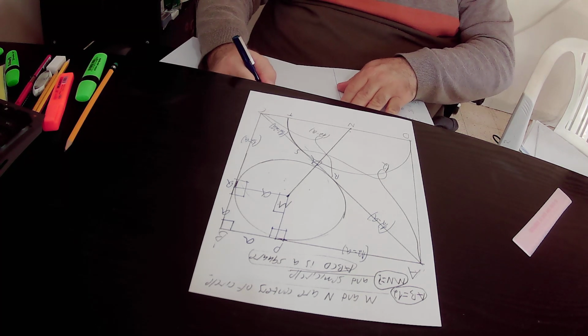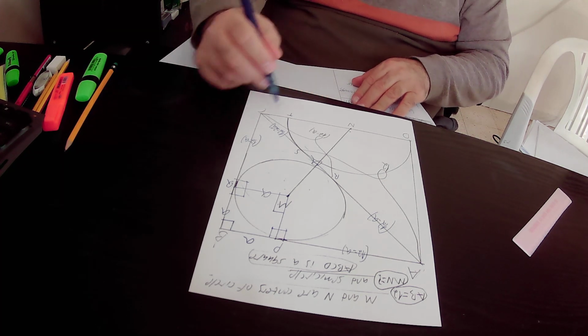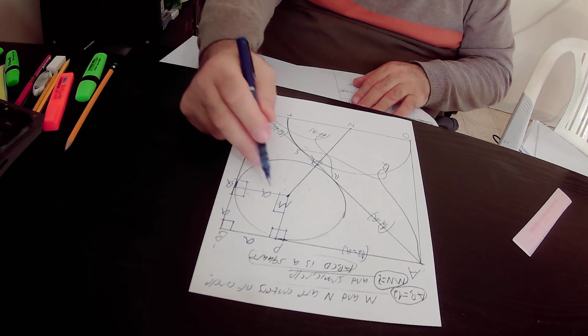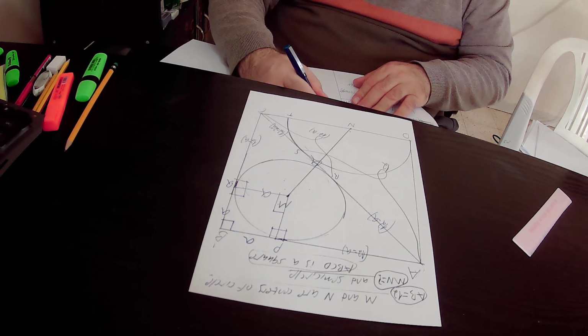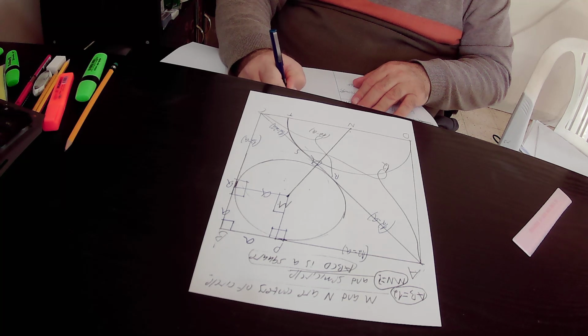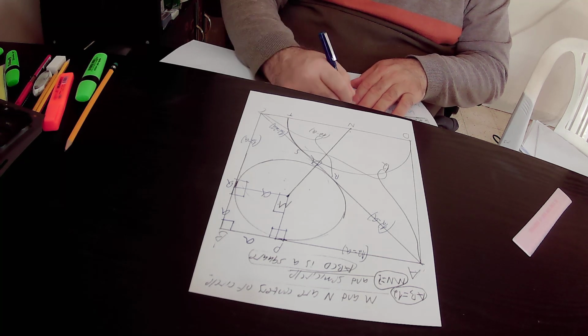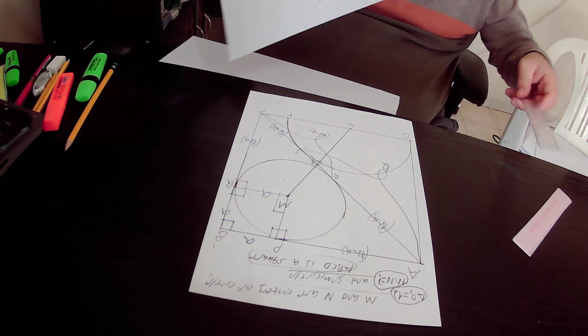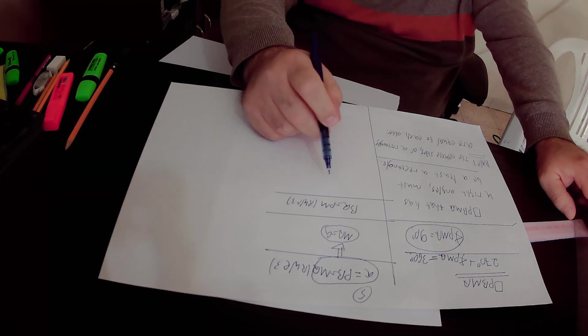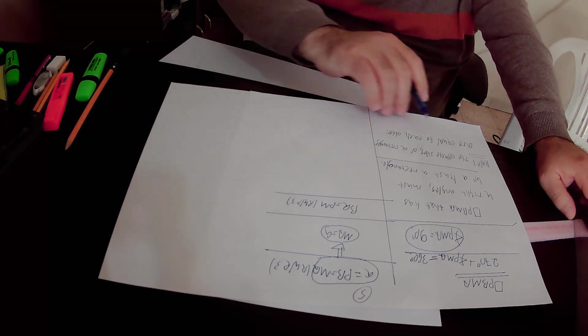Likewise, according to rule number 3, BQ is equal to PM. Here, BQ equals PM according to rule number 3.